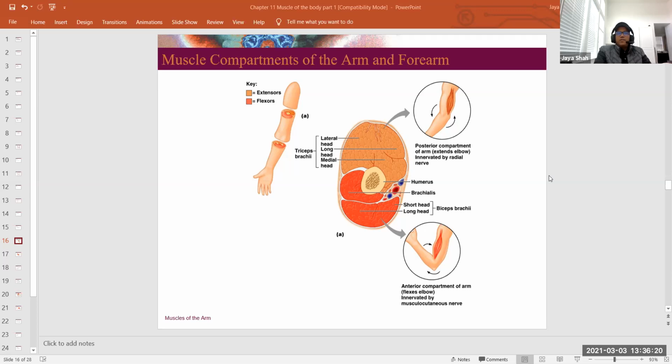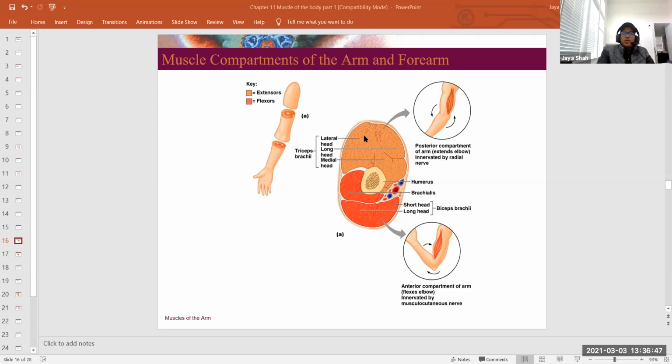In this diagram, what is the main muscle which is forming the posterior compartment? The triceps brachii. Very good. Okay. So now, this is the muscles of the arm, pretty much the upper limb. You see, in the upper limb we have a cross section here in the arm region, and here is a cross section in the forearm region.